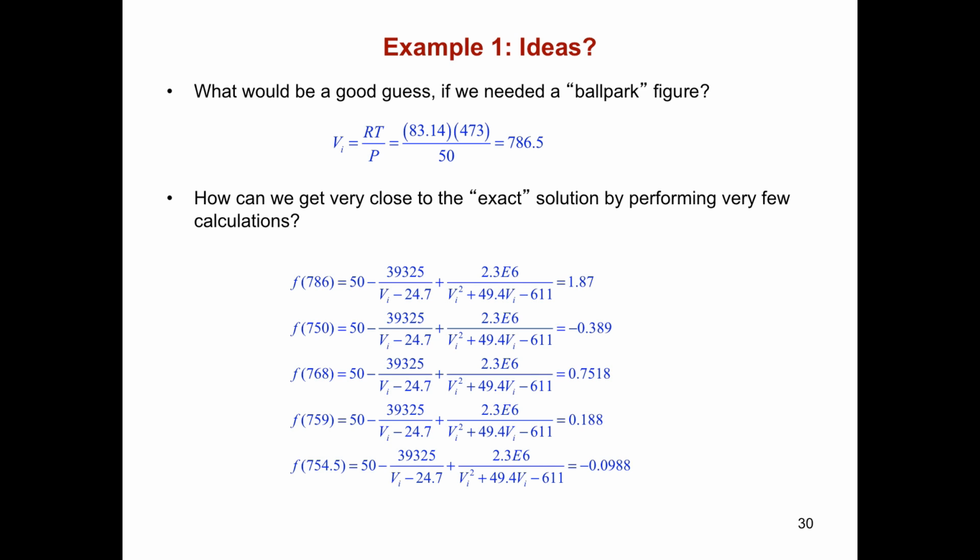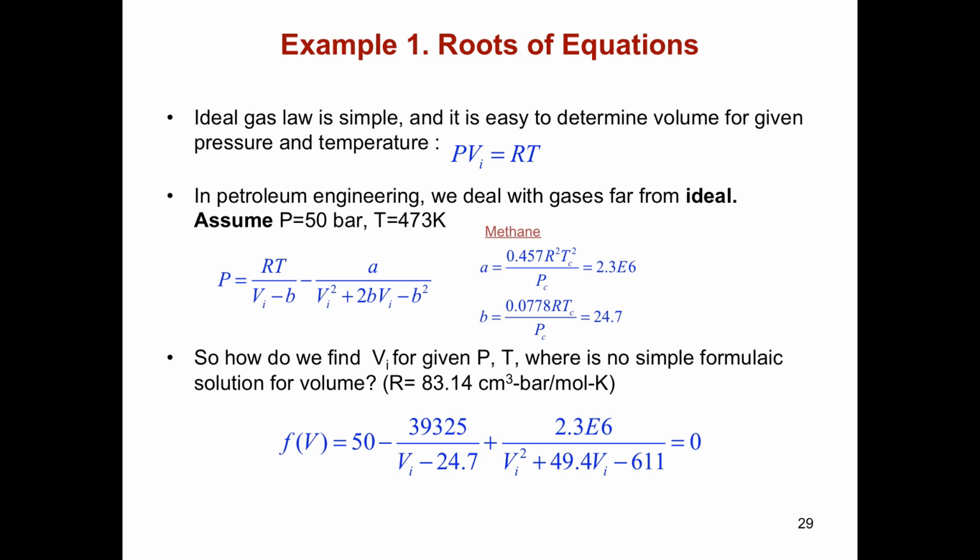I'm getting closer. And then 754.5. Let's say that this is good enough. The point I'm making is I also have to decide what is good enough and what is close enough. So let's say that for now we decide this is close enough. So this is going to be my approximation of the V that zeros out this formula.